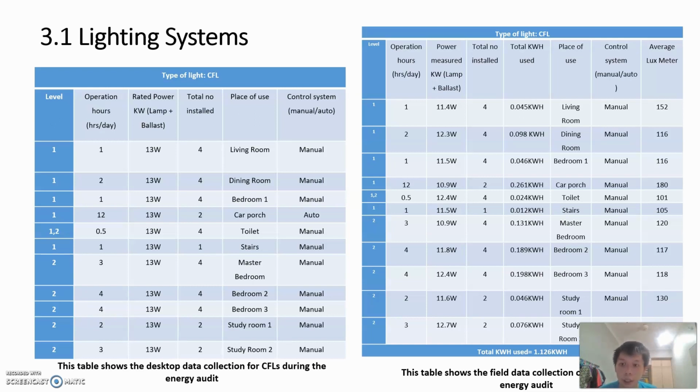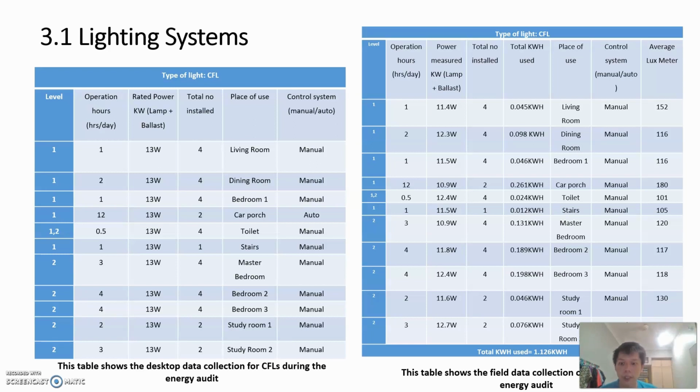Basically, we put the average amount of time we turn on the lights, how much rated power is used, and the total number installed. For places of use, we see where the lights are placed and record everything, and we note whether it's manual or auto. Auto is usually when the light has a timer. For example, the car porch is auto; it's outside, so during the night time it will automatically turn on.